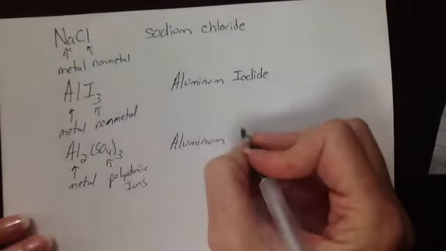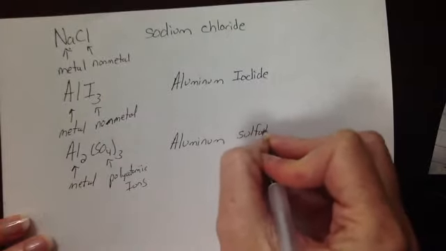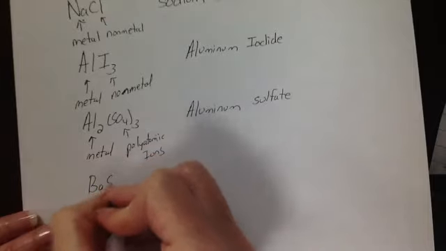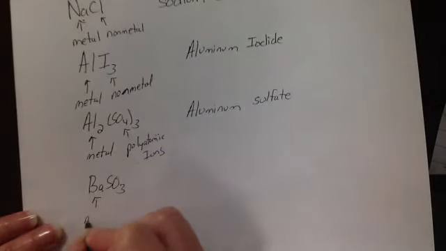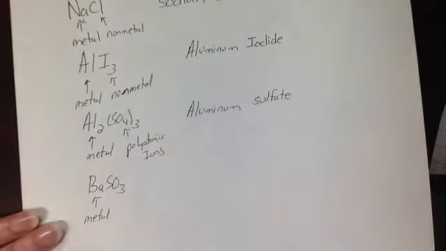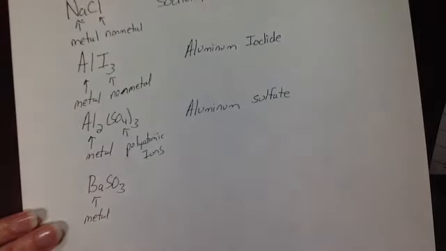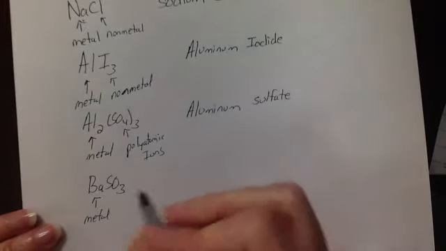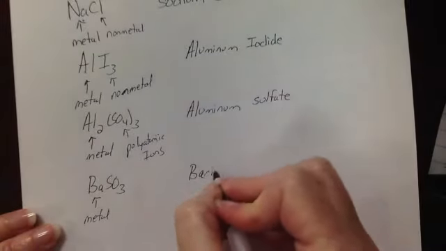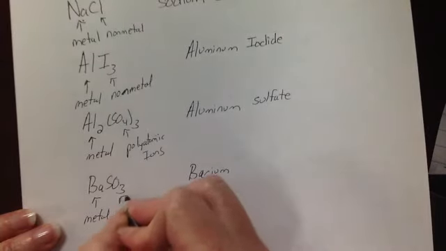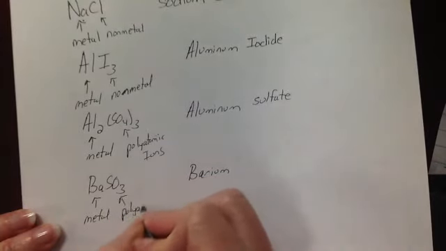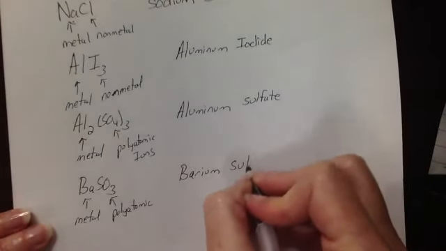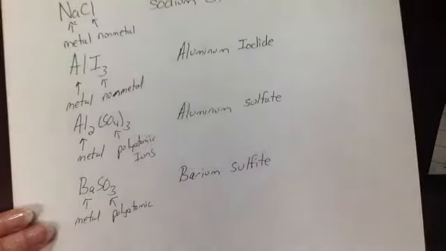So SO4 is sulfate, so you just write sulfate. This one, BaSO3, that's a metal. It's not a transition metal, and it's not one of the 4 that are not transition metals that require Roman numerals, so we'd just write its name, which is barium. And then SO3 is a polyatomic, and SO3 2- is sulfite, so we'd write sulfite.